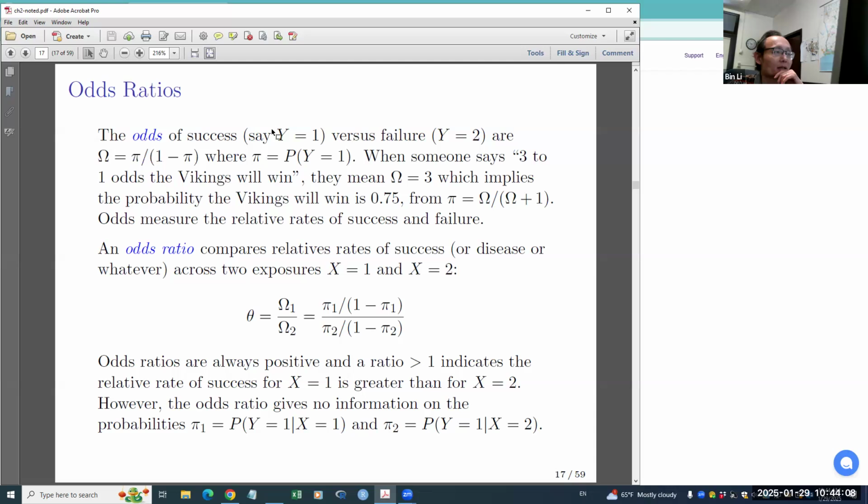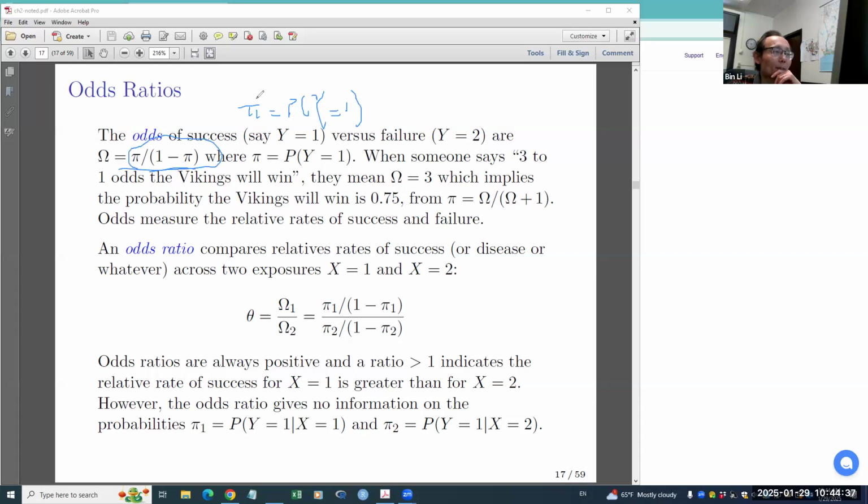Here pi is the probability of getting y equals 1, over 1 minus pi, the probability of getting y equals 2. So that's the odds of success.